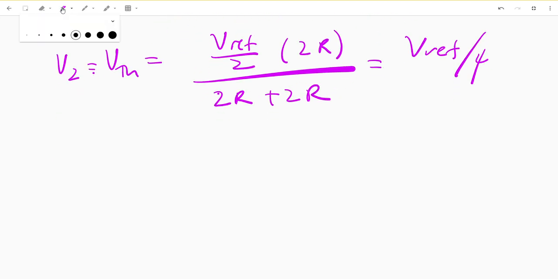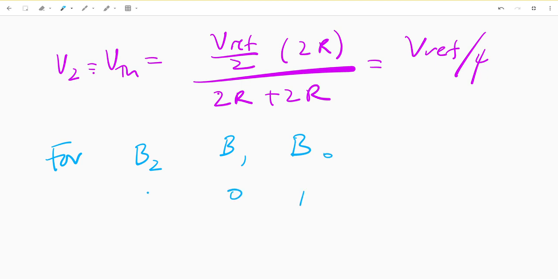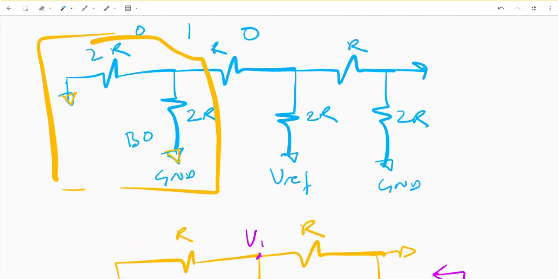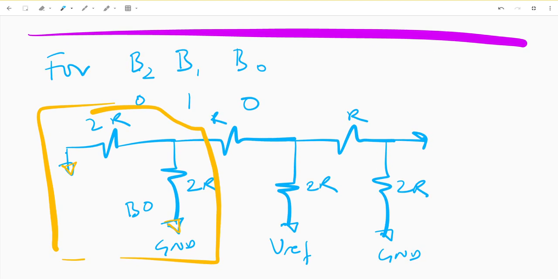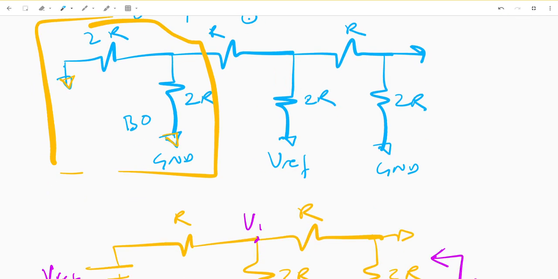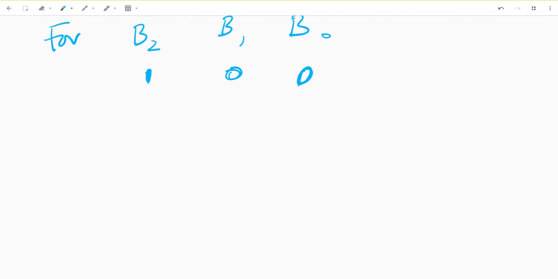Last but not least, we next want to prove that for B2, B1, and B0, where this is 1, 0, 0. So essentially now B2 here is 1, B1 is 0, and B0 is 0. So this essentially now becomes a circuit that looks basically like this.